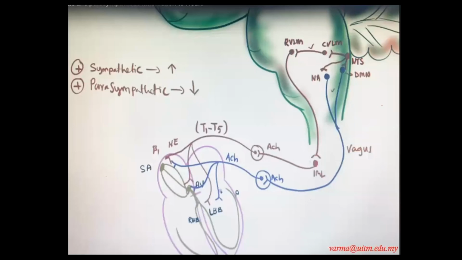So this is the NTS. These are the rostro-ventrolateral nucleus and the caudal ventrolateral nucleus. Look at the sympathetic first. Sympathetic comes in the IML, this is ACh. Your T1 to T5 are your sympathetic fibers for the cardiac. Then you get your norepinephrine. Norepinephrine works at beta 1 and alpha. Alpha 1 or alpha 2?